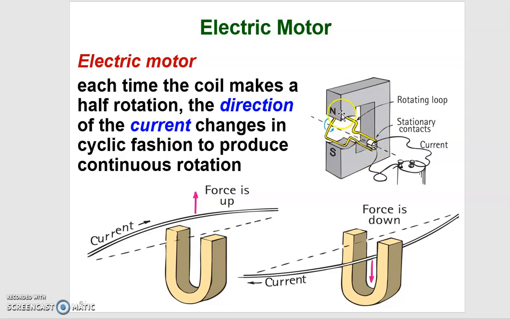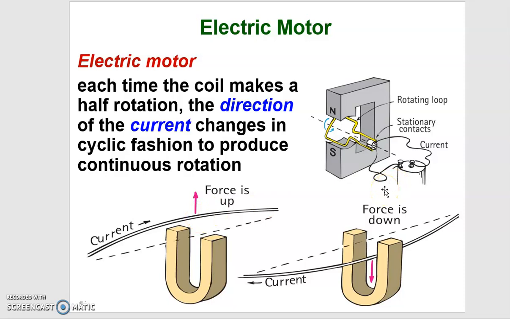The current passing through the coils will interact with the magnetic field here. Here it is the North Pole on the top and the South Pole at the bottom, so the magnetic field is downward. We already learned from our previous lectures that if you have a magnetic field and a current passing through, they will experience a force.